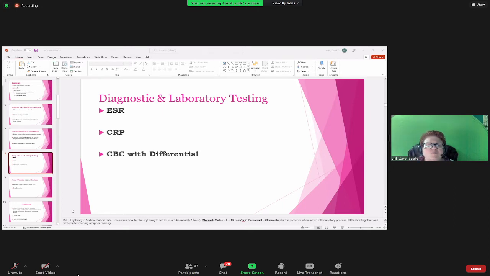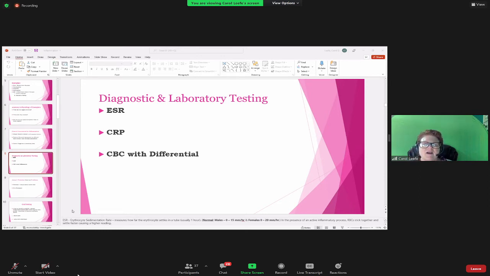R is radiation. Does it radiate anywhere else? With the gallbladder, because of the edema and inflammation, it can radiate to the back and behind the scapula on the right side, and cause radiating pain there.